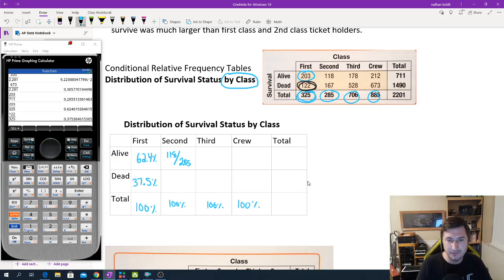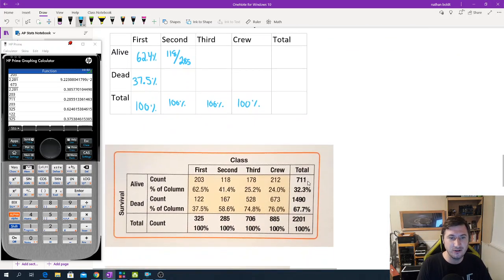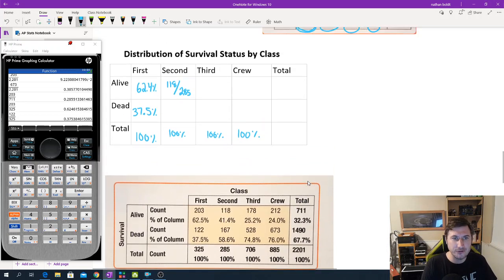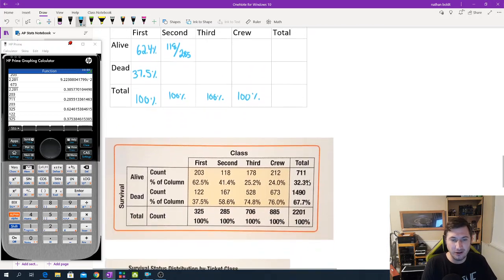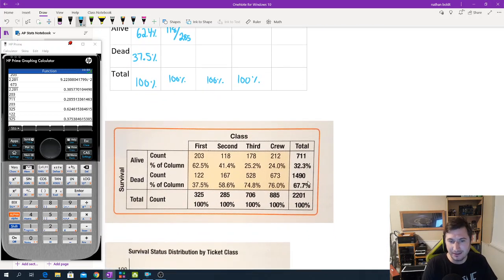So down here, if I scroll down, here are all of those answers for the conditional relative frequency table of survival status based on class, by class. Okay, so you can take a look at those percents, make sure you got those right.